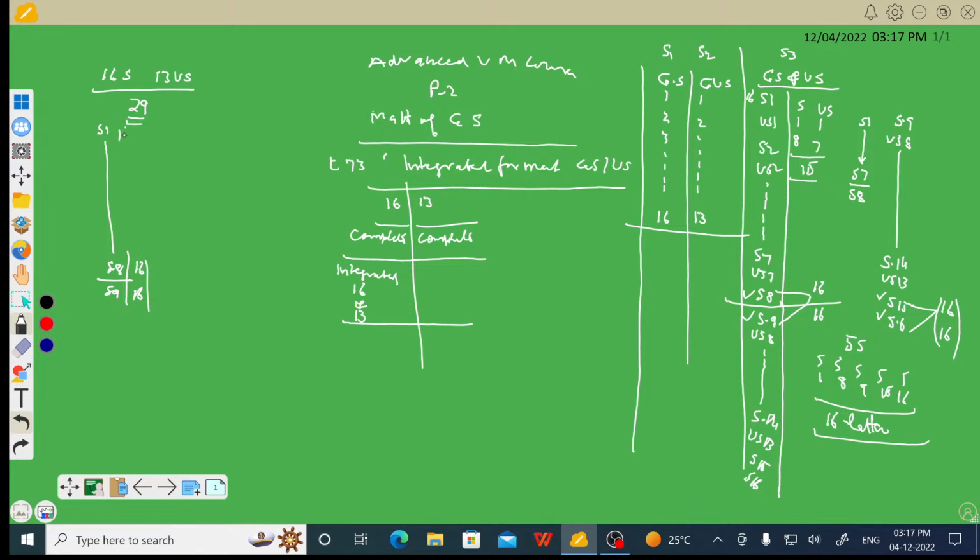Then we begin with the 9th Sutra, then the 8th Upsutra, and so on. We reach up till Sutra 14 and Upsutra 13, followed by Sutra 15 and Sutra 16. Both are of 16 letters.